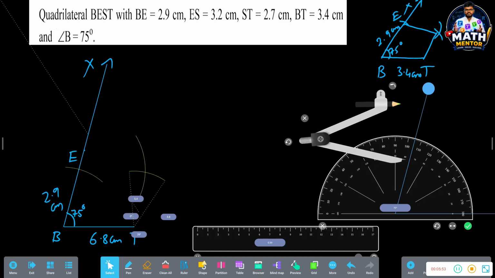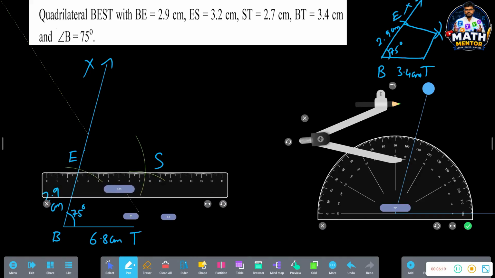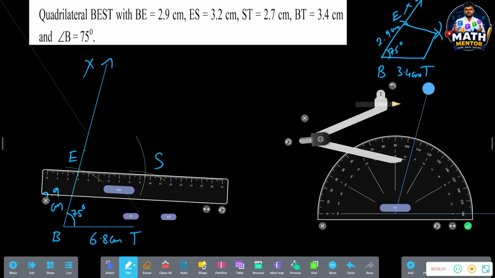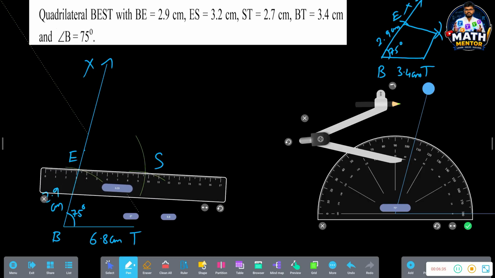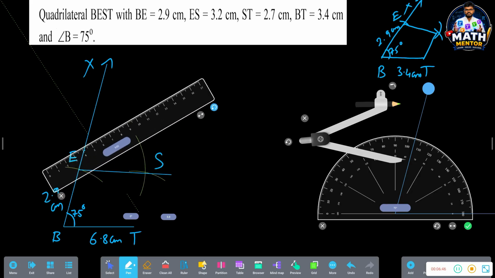So the point here what we got is S, right. So now we will join ES and ST. Right, so we'll join ES and join ST.